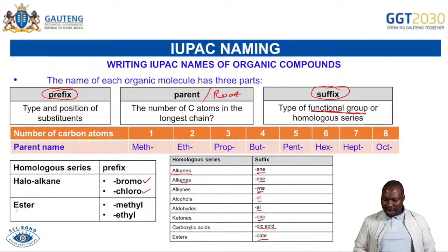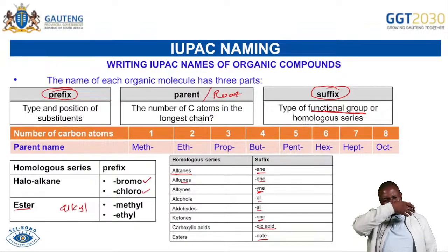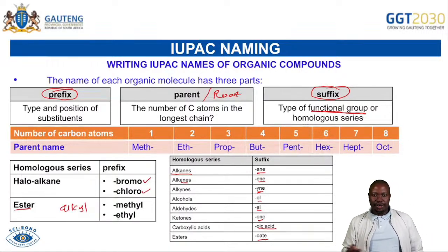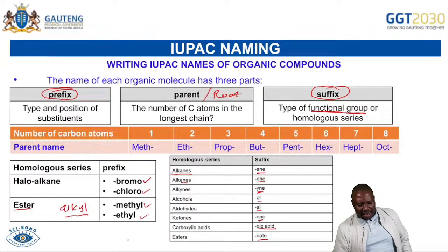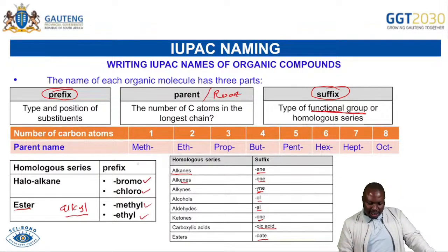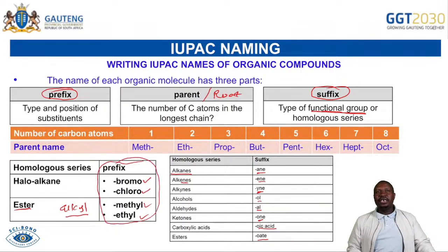Now you have the alkyl group. You can find them in esters. You can find the alkyl group in alkanes themselves. When we have a branch, we'll have an alkyl group as well. The alkyl group is your methyl and your ethyl. So all these that I've indicated here are the prefix. It means they will be written at the beginning of the name.